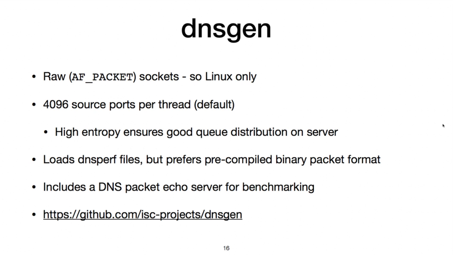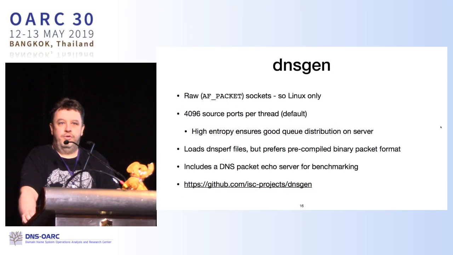Well, of course, for most people, if you're getting traffic on a recursive resolver or an authoritative server from the internet at large, you probably do have a very large amount of inbound source entropy.